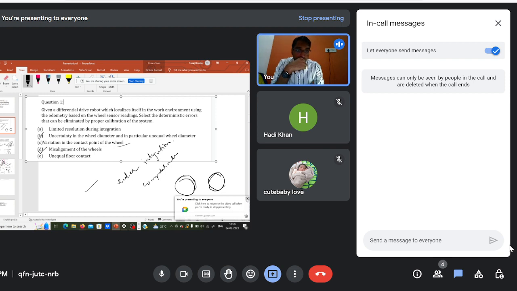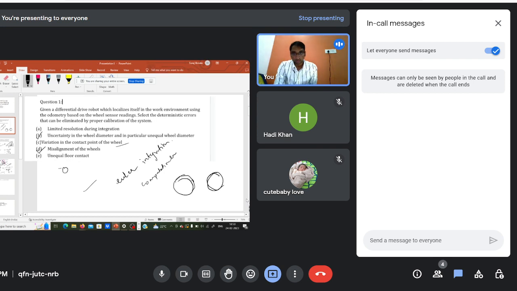See, what happens in odometry, I'll tell. Suppose I have a robot like this, and I ask it to move on a square. It won't actually move directly on the square.